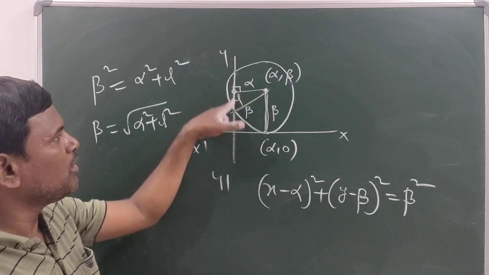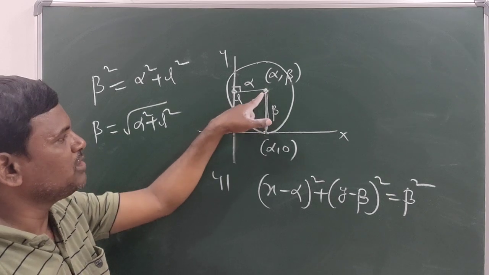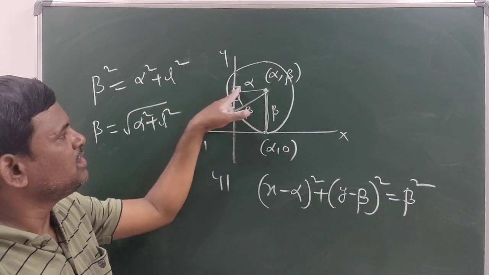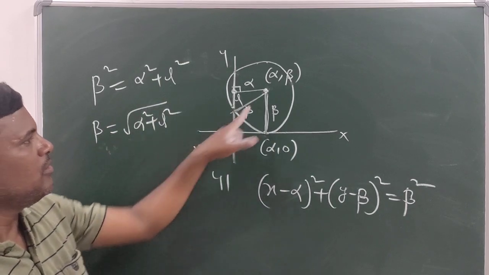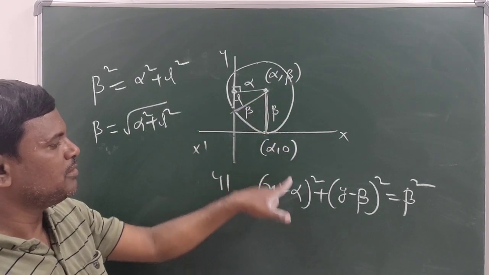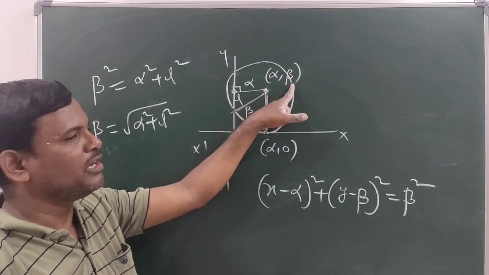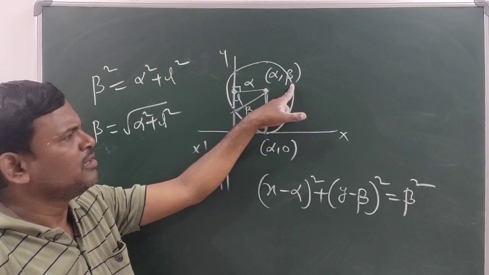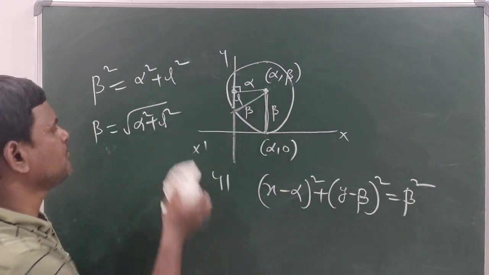You know the total length is 2l, then this will be l. I don't know the radius, I took it as beta. So this is l, this is alpha, this is l. Now find beta. This length equals this length, beta. Now you got the radius and the y coordinate of the center. So the center is there with you, the radius is there with you. Apply this formula.